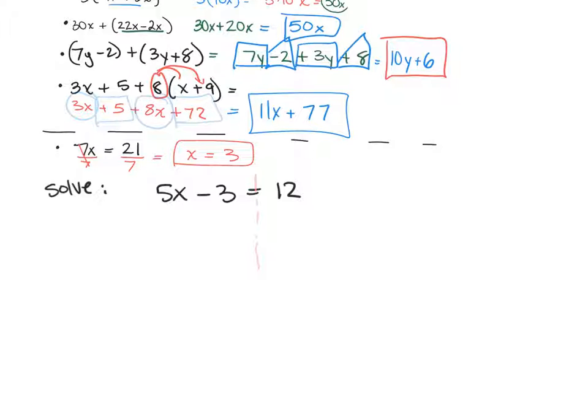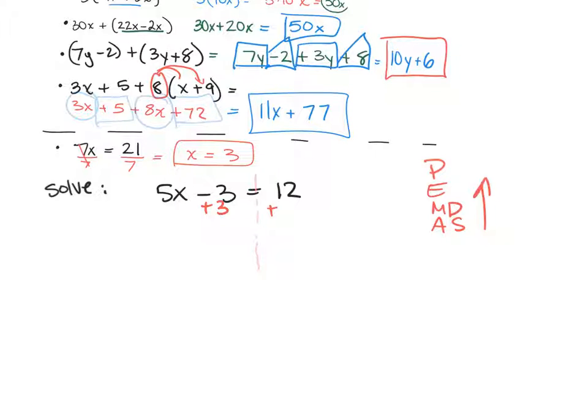Good. Remember that you always work backwards with order of operations. Order of operations says parentheses, exponents, multiply, divide, add, subtract. So you go backwards. If you knew what x was, you would multiply by 5 and then minus 3. So in order to undo that, you're going to add 3 first.